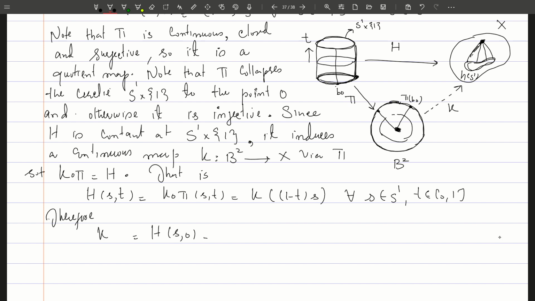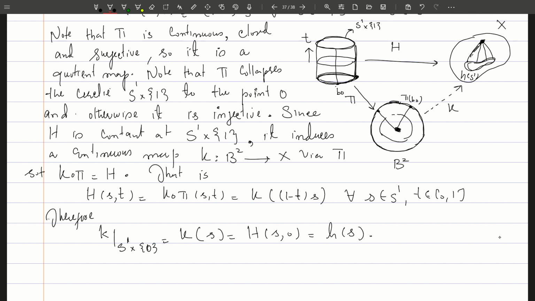If I put t equal to 0, we get k restricted to S1 cross 1 is k of s, which is H of (s,0), but H of (s,0) is the same as h of s.